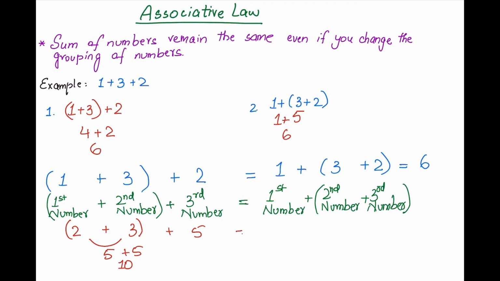And then it should be equal to 2 plus 3 plus 5. 3 plus 5 is 8. And then 2 plus 8 is 10. So you can see that 10 is equal to 10.